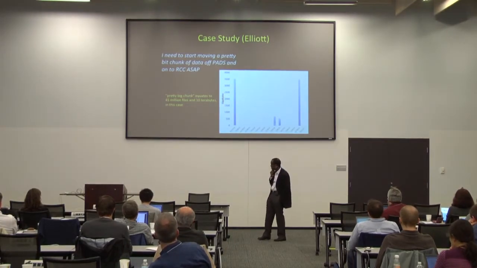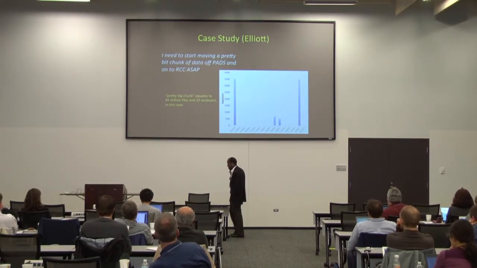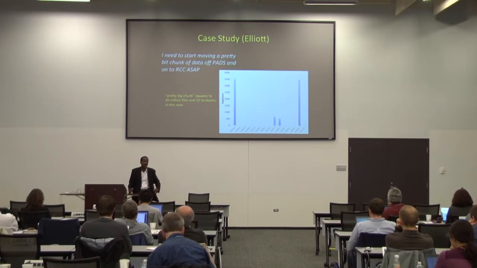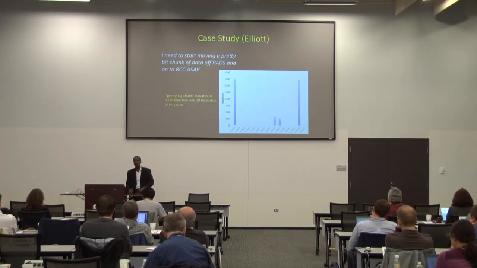This is also another good example I just selected. A couple of months ago, I believe in December, there was an MRI system at Argonne that was being decommissioned. So we had a number of researchers who had to move their data to RCC.